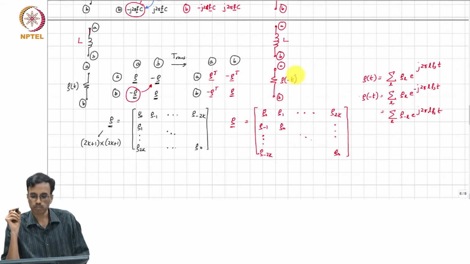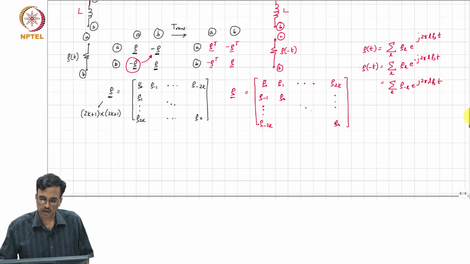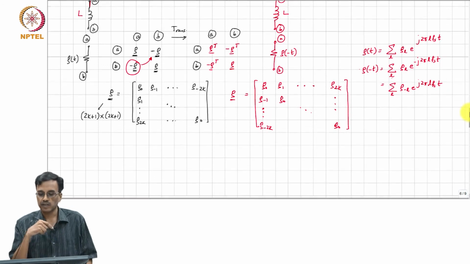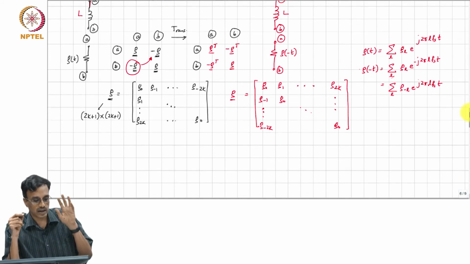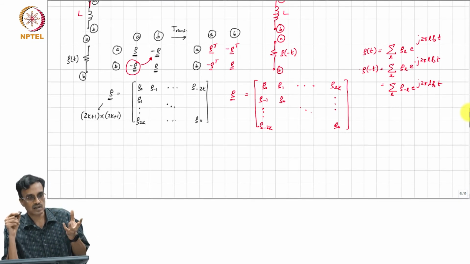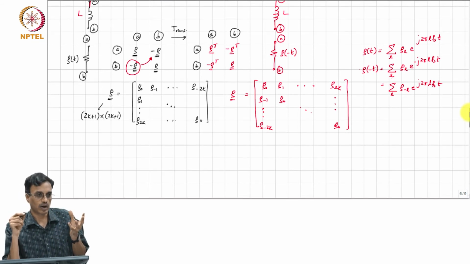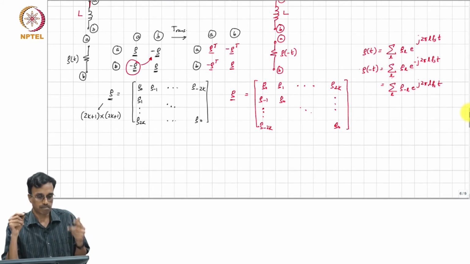All right. So, the key difference between a time invariant network and a periodically time varying one, even if the network has got only resistors, inductors and capacitors, is that the time variation of the periodically time varying conductances must be flipped in time.